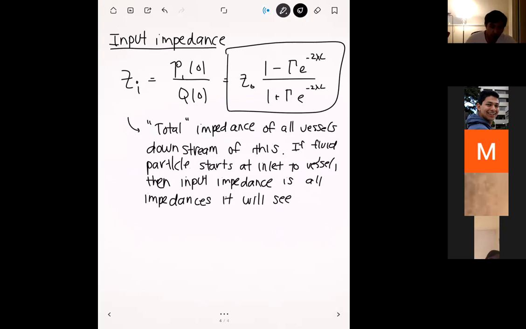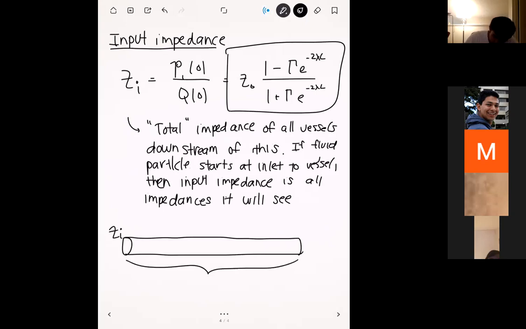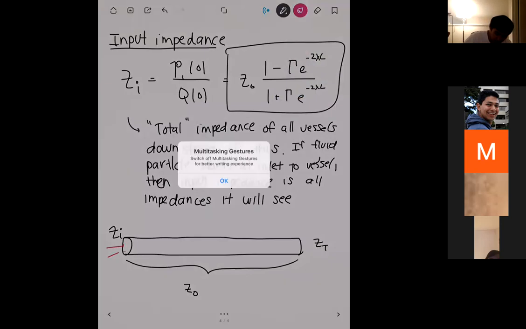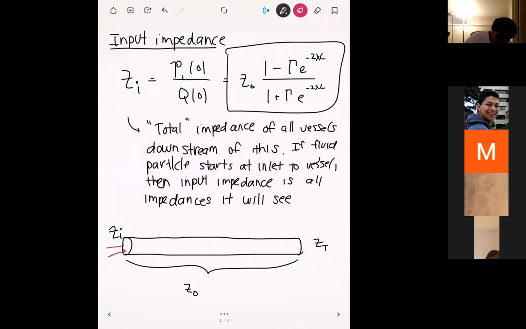Let me draw a figure just to illustrate the difference between all of these. Let's say that we have a straight vessel segment here. The way to visualize these three impedances is that you have input impedance on the left, and this is where the blood is going to come in.